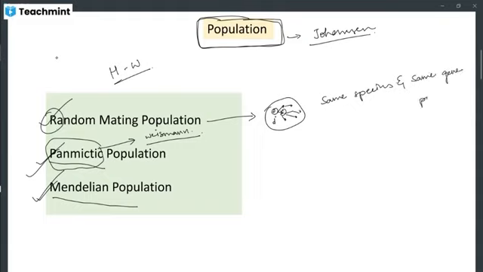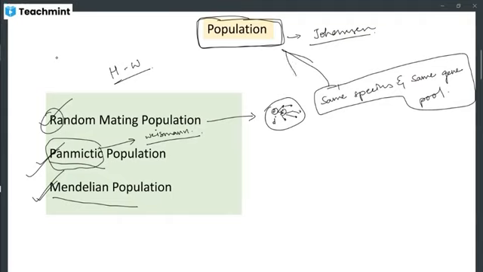Please remember this: where the individuals are of the same species and share the same gene pool, this is just the population. Our Hardy-Weinberg law applies only to the random mating population, pan-mictic population or Mendelian population.